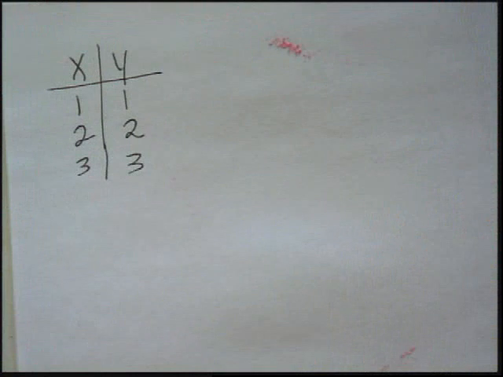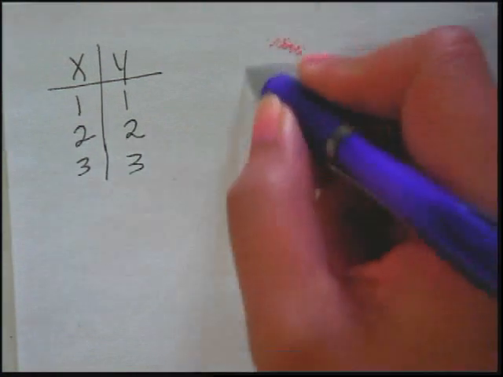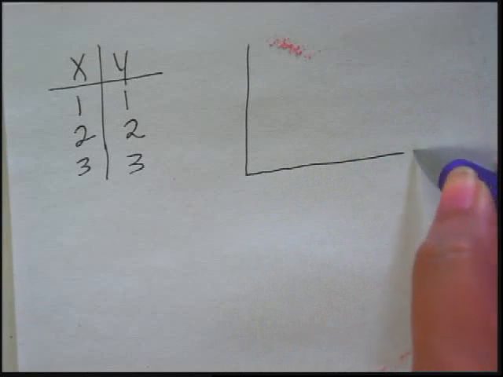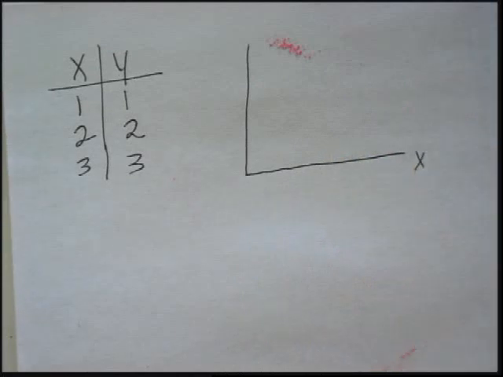So if we had x and y, for example, is a line graph. So if we had this data over here, so let's just say 1, 2, and 3, 1, 2, and 3, for x and y, here's how you would plot it. Now, usually we put x over here, if you remember from math, on the horizontal axis.